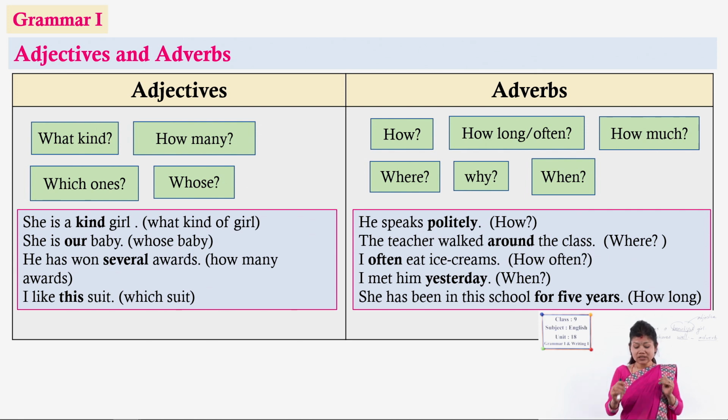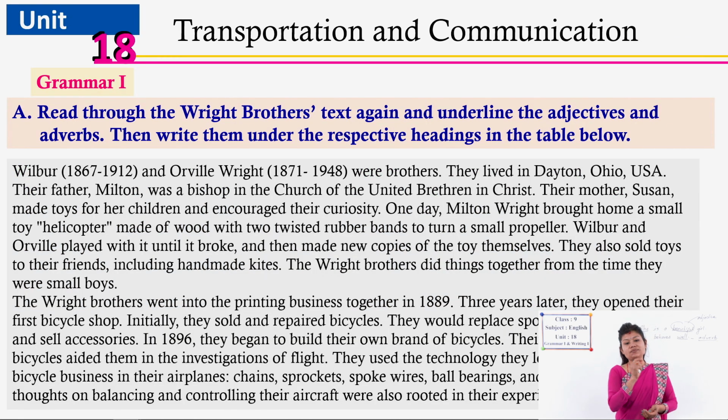Now your task begins. Please look at the book, turn to the page where the text Wright Brothers is given. Your task is to search paragraph by paragraph from beginning to end and try to find the adjectives and adverbs used there. Will you try?